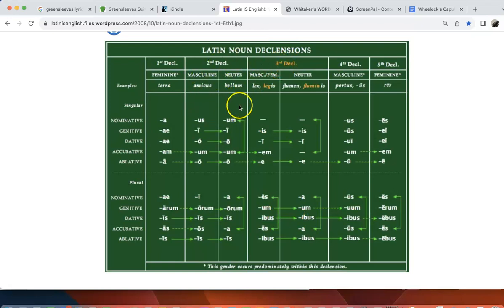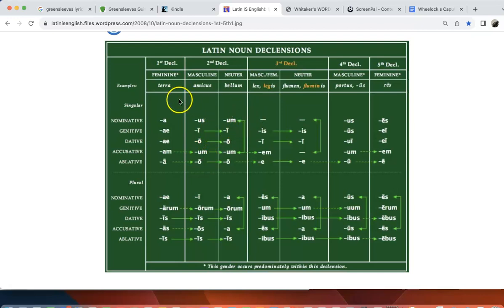Did the Romans use this grammar chart? No, they didn't. Just as most Americans, unless they learn a foreign language, would have a hard time explaining the grammar, Romans did the same thing as native speakers. They just knew how to speak it. So this is something that grammarians have put together over the centuries to identify patterns.